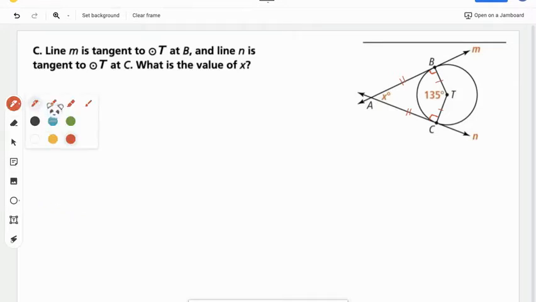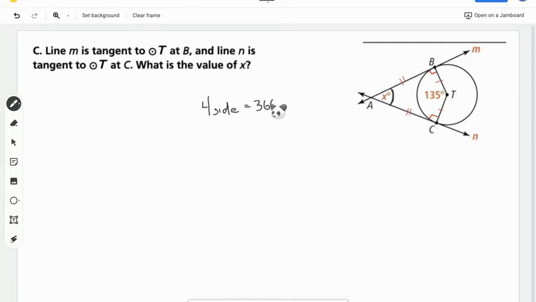This first problem is taking a look at if we know that these lines are tangent, can we find the measure of this angle? Now I want you to notice that we have 4 angles here. We looked at this earlier with polygons, any shape that has 4 sides is always going to add up to 360.